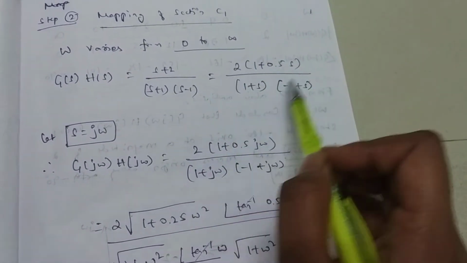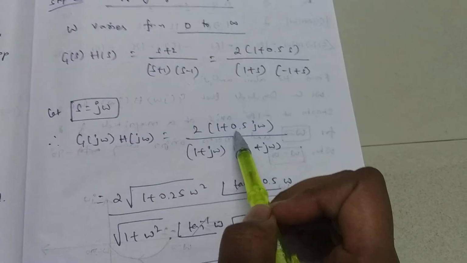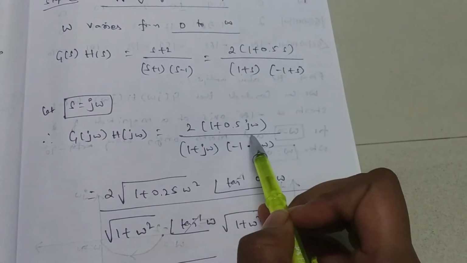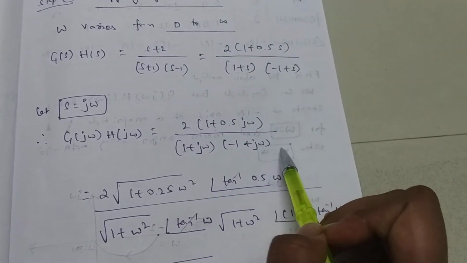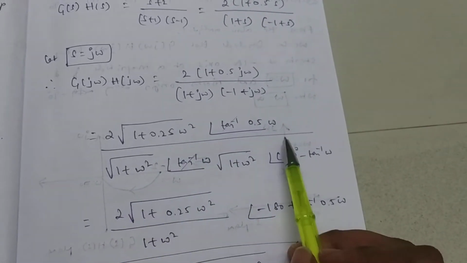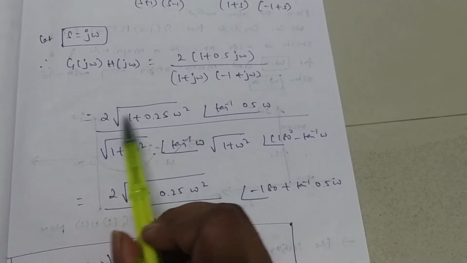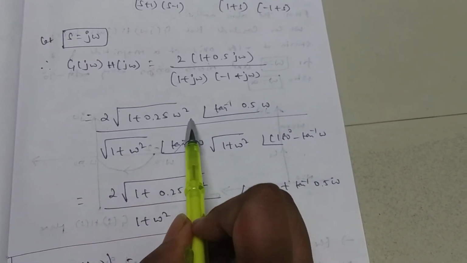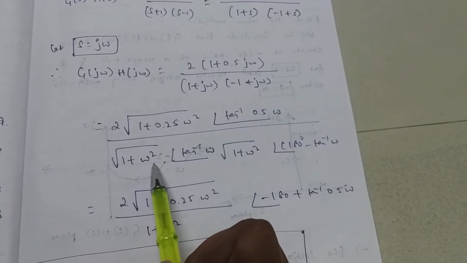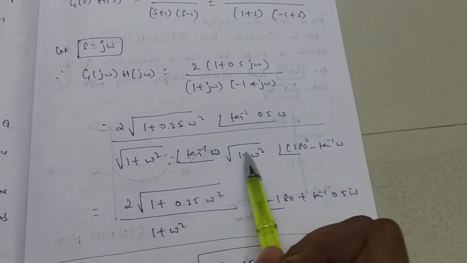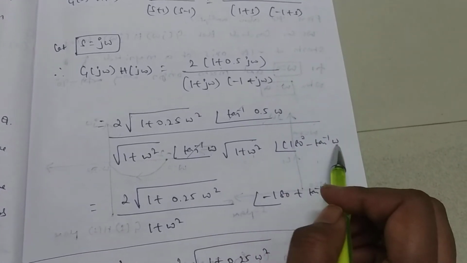For this open loop transfer function, we substitute s equal to j omega, that is 2 times (1 plus 0.5 j omega) divided by (1 plus j omega)(minus 1 plus j omega). After this, we'll get the magnitude and phase value. See here: 2 times root of (1 plus 0.25 omega square) angle tan inverse of 0.5 omega, divided by root of (1 plus omega square) angle tan inverse of omega, times root of (1 plus omega square) angle of 180 degree minus tan inverse omega.